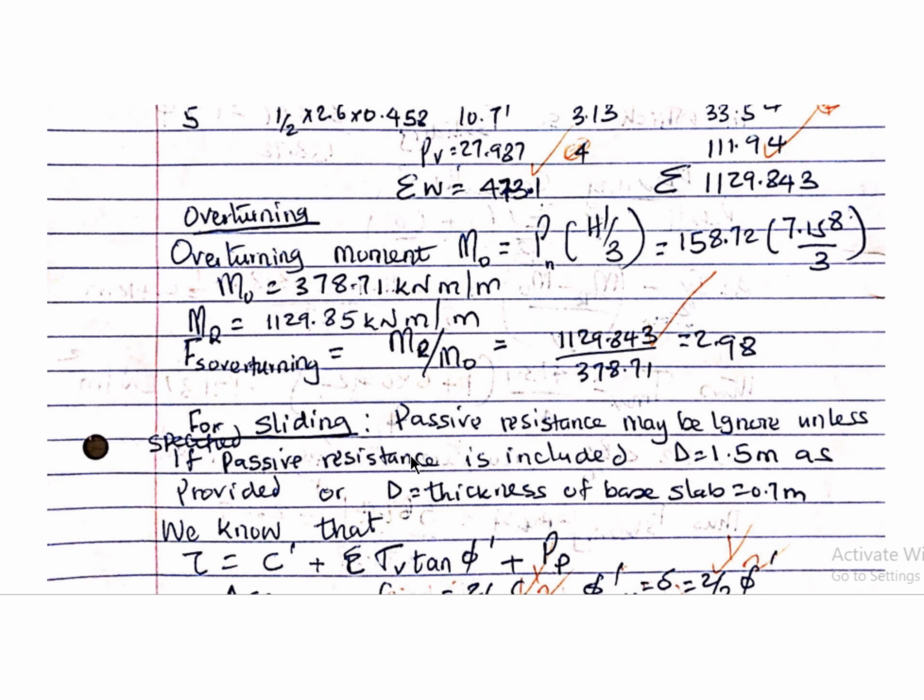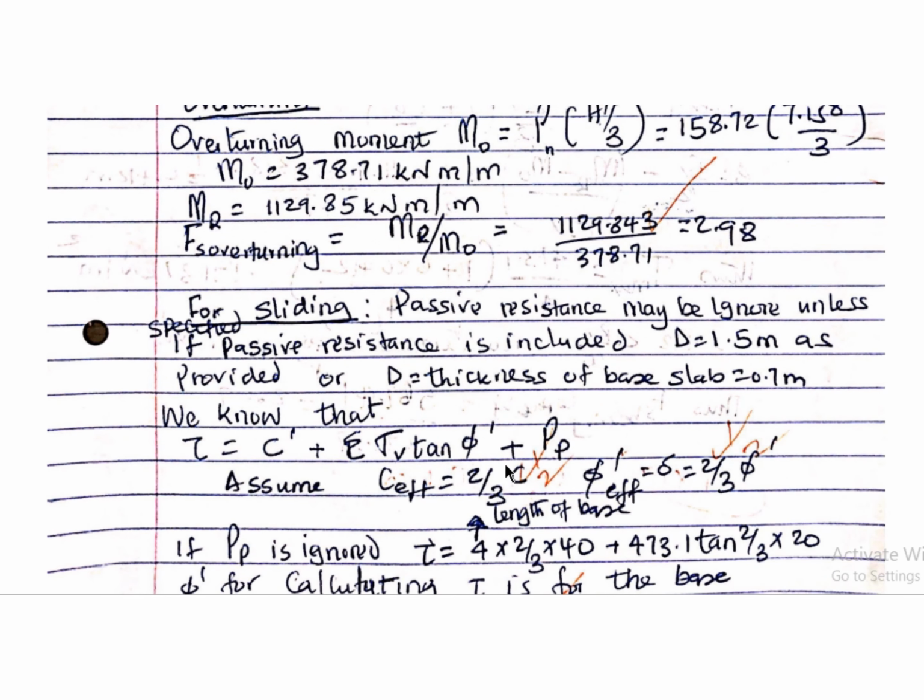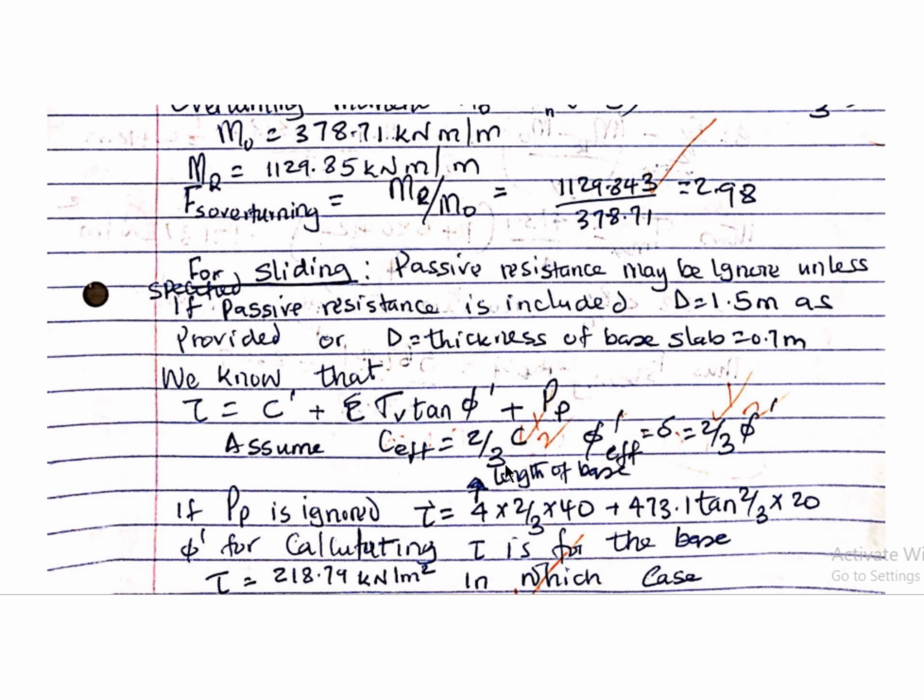Now for sliding, please take care of the following: usually passive resistance is ignored unless you're told, but of course passive resistance will have some stabilizing effect, will contribute to increasing the overall shear strength of the soil.